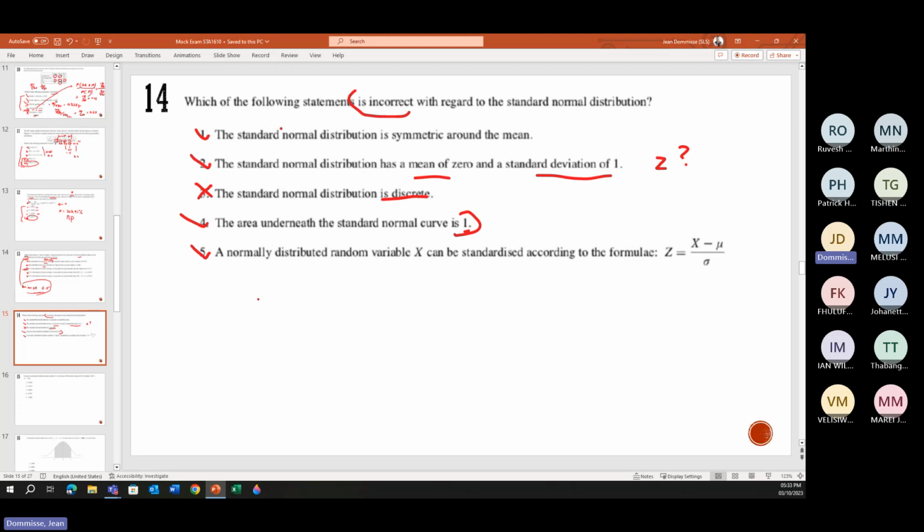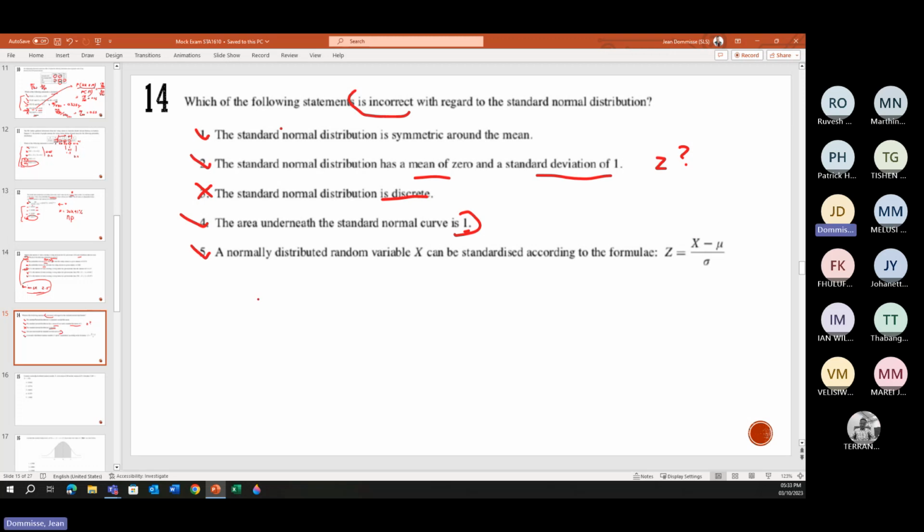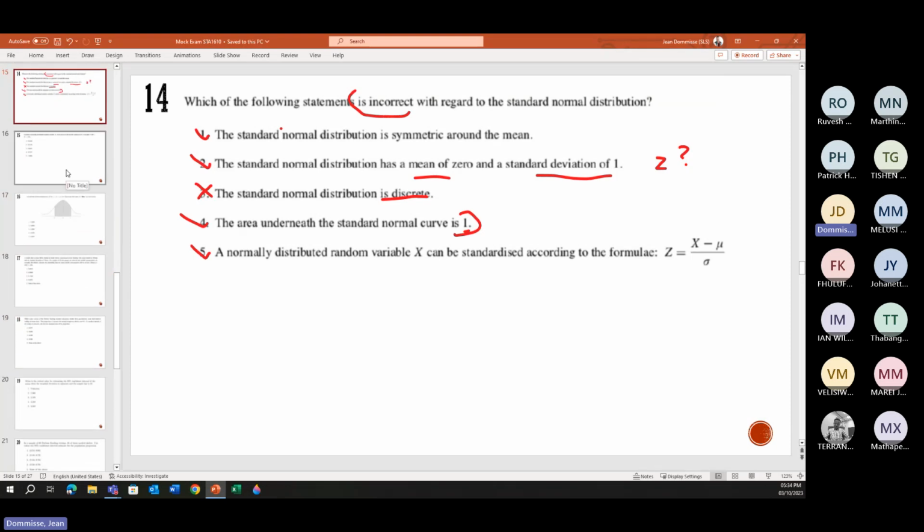So the one that was definitely incorrect is that standard normal distribution is continuous and not discrete. Again, this one was a bit easier. There will be a spread of easier and more difficult questions, and hopefully the easier ones are the ones that you definitely get right and not being caught out by anything.